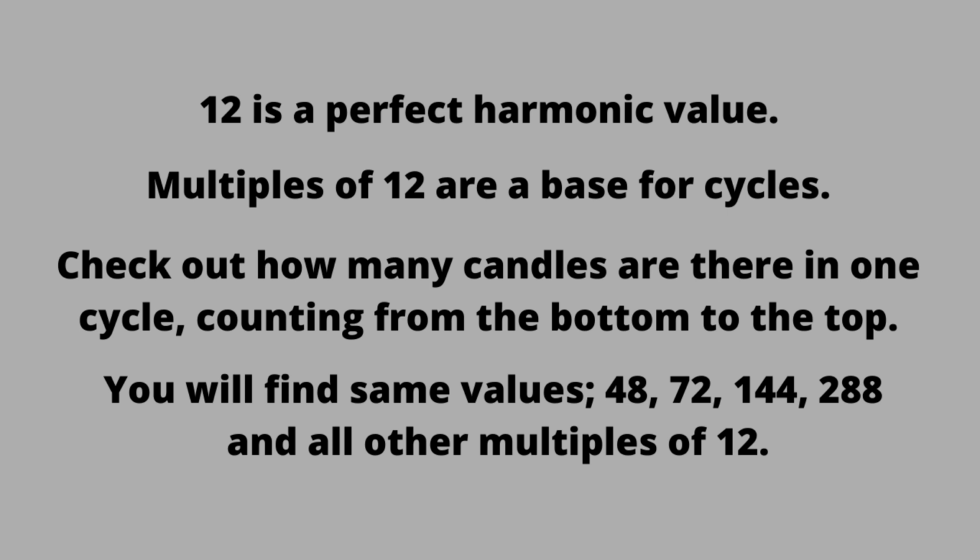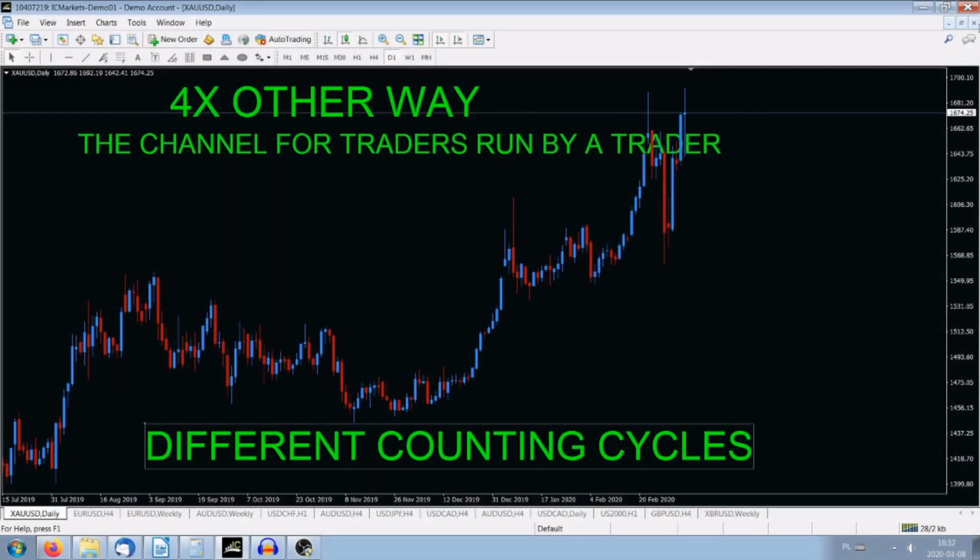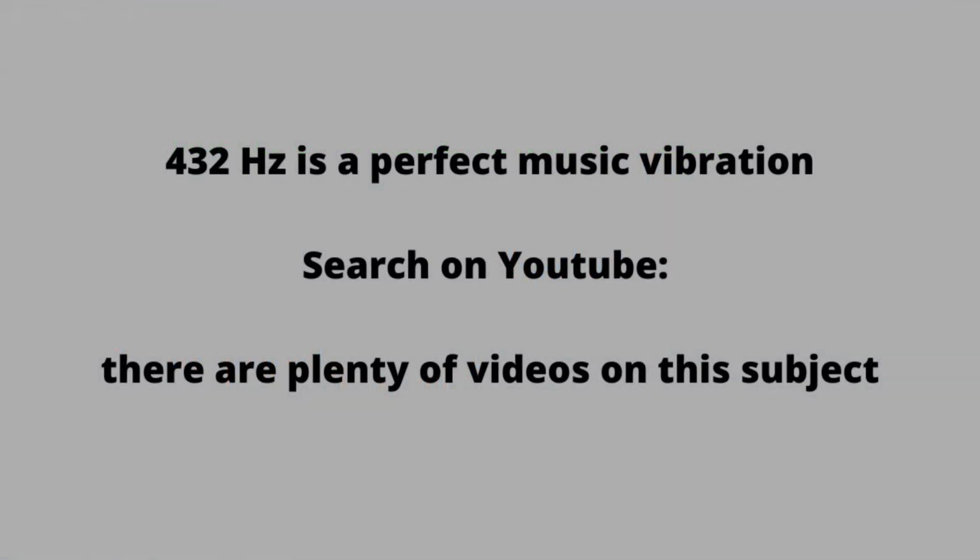Often in the chart you can see that from the bottom to the top of the trend there are 36 candles or 48 candles or 60 or 72 or 84 or 96. In longer trends you might observe 288 candles or 432, which, by the way, is as well a perfect harmonic number in music.